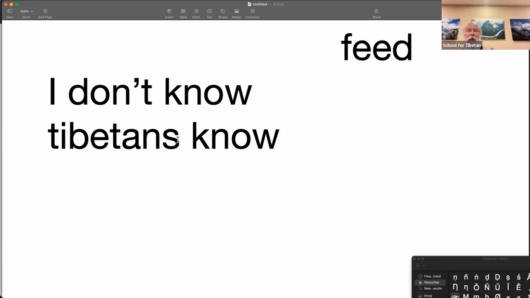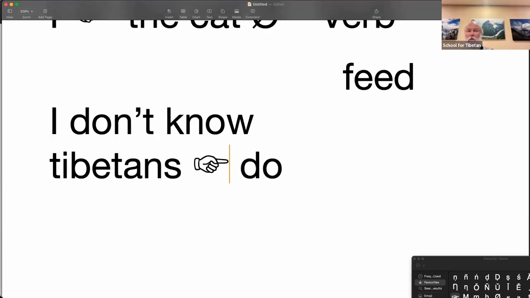For example, when you have a generic subject, maybe it's better to say Tibetans do. Because to do is the sort of example for voluntary and transitive verb. You do something because you want to do. And this one would need our marker. Okay. This verb needs a marker that tells us that Tibetans are those who do.